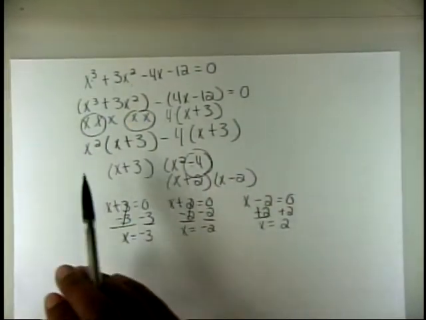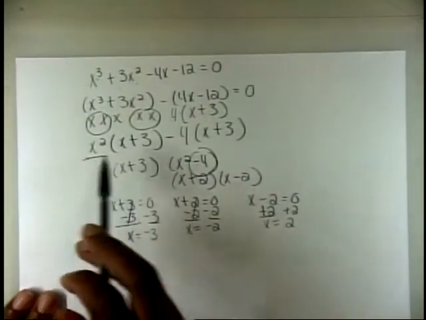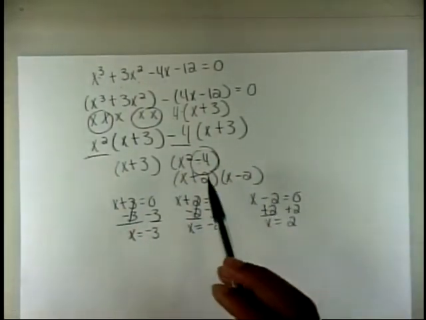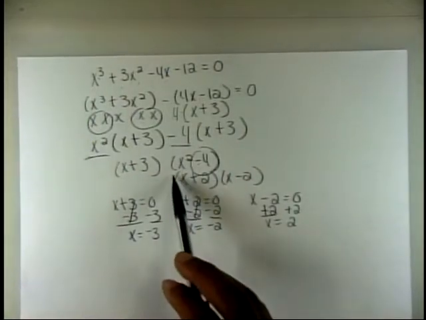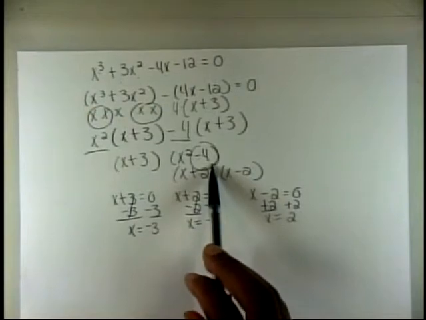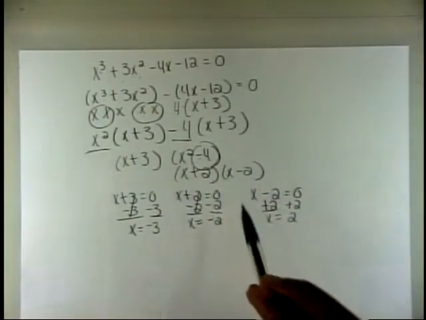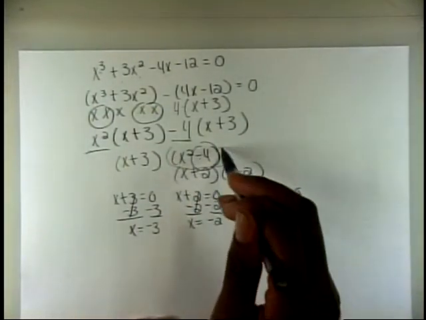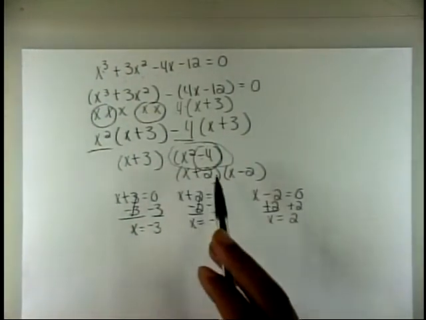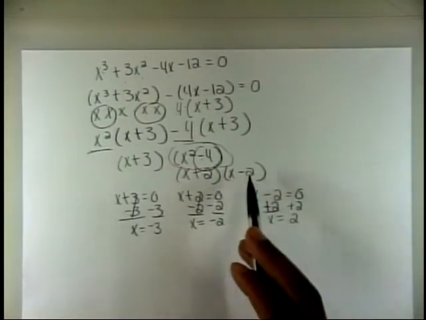And so now we're left with x squared minus 4 on the outside of these equations. We will group these two, so we're left with x squared minus 4. We're not done yet. We have to break down this function right here, x squared minus 4. When we break it down, we get x plus 2, x minus 2.